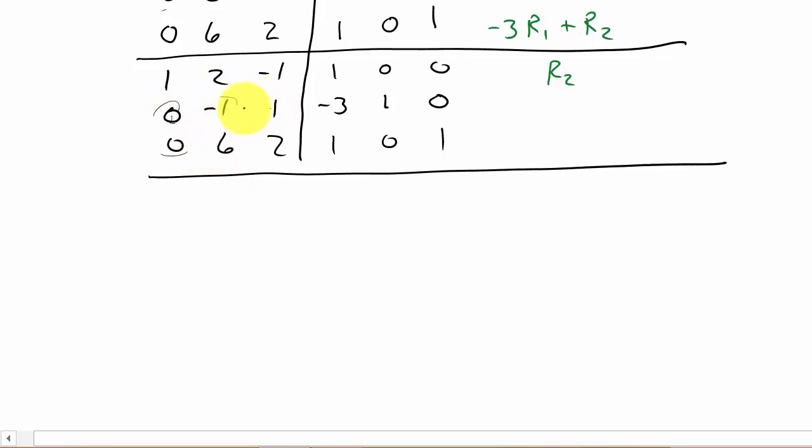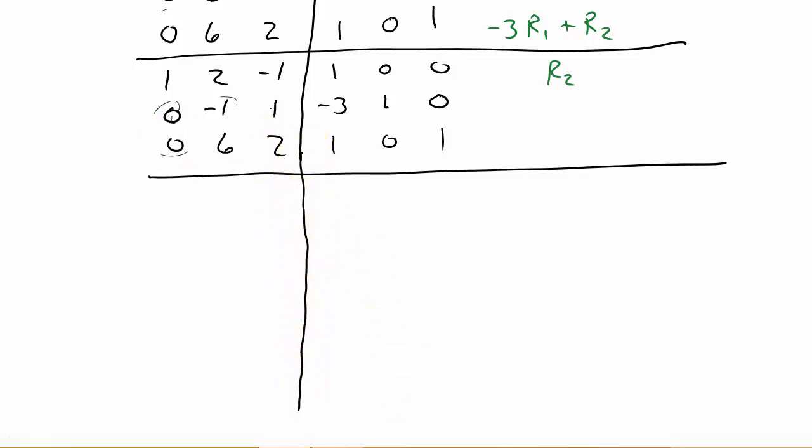It's 6, right? 6 times -1 is -6, and -6 plus 6 is 0. Okay, so I've got to multiply each of these elements by 6. Well, look at this. 6 times 0 is 0, and then 0 plus 0 is 0. So I still keep that 0. Okay? All right, let me bring this down some more.